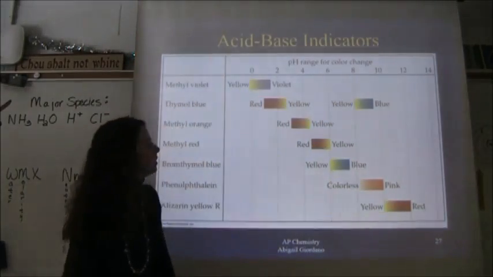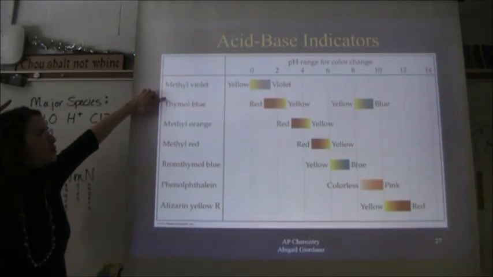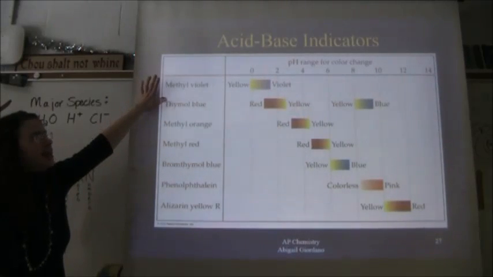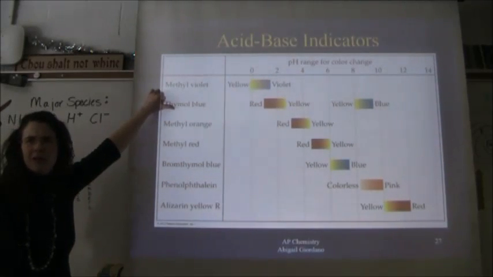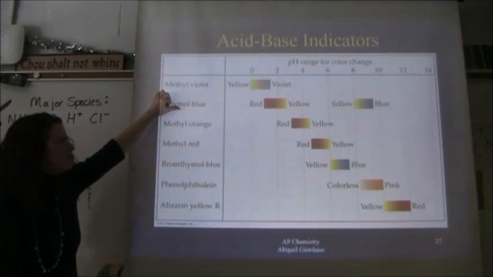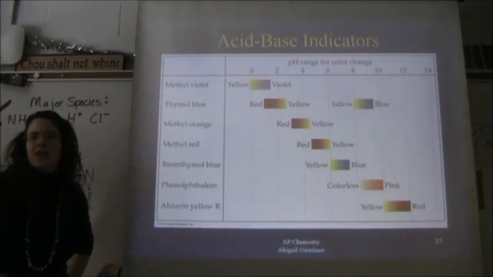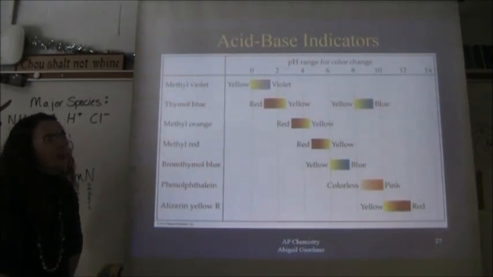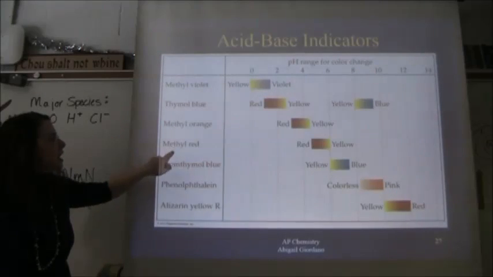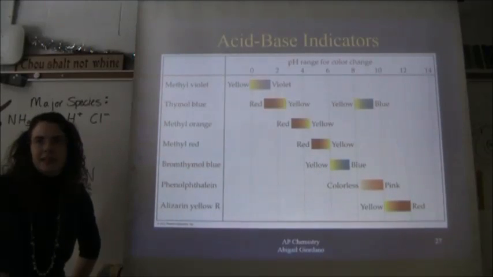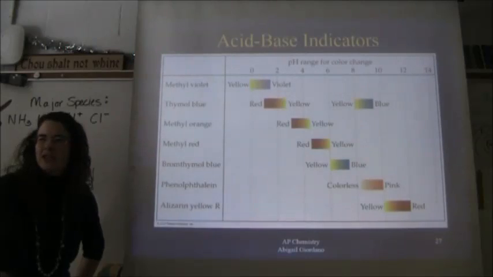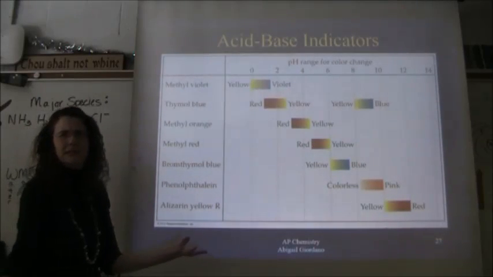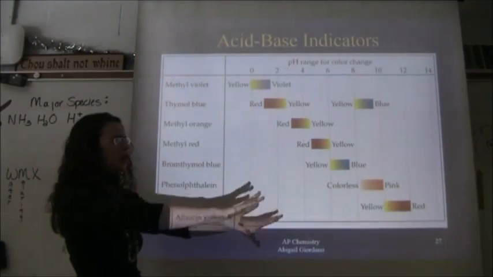Okay. Anybody want to guess why this one might have 2 useful ranges? I'll give you a hint. Remember, indicators are acids. What do acids do? What's their definition of an acid? Hydrogen ion donor.